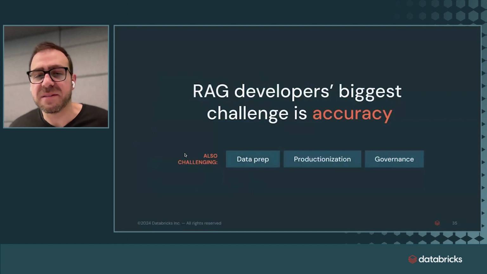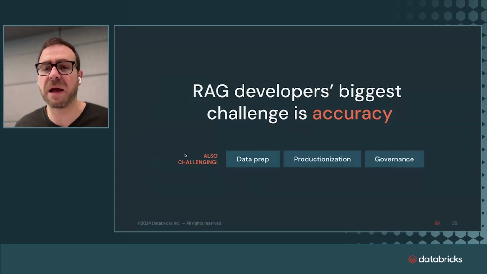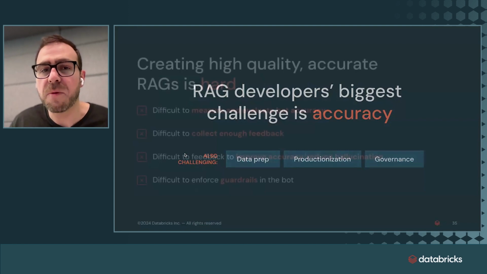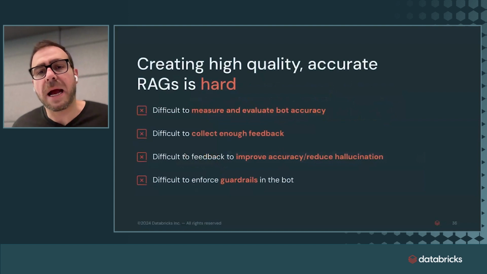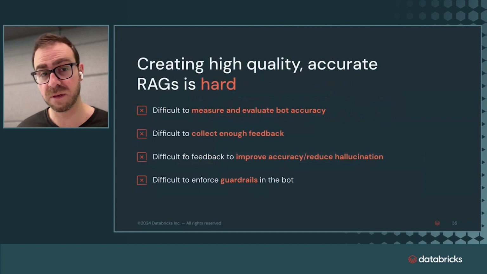This is not to minimize the challenging data prep process, the challenging productionization process, or the challenges with getting governance in place around their applications, but rather that getting high quality RAG applications is incredibly difficult and is often a blocker to putting these applications into production and ultimately seeing business value from these solutions.